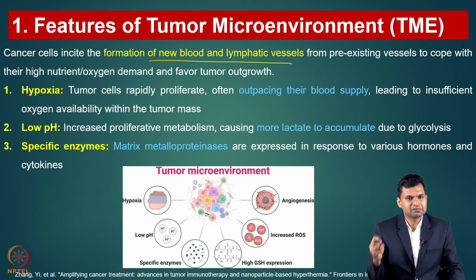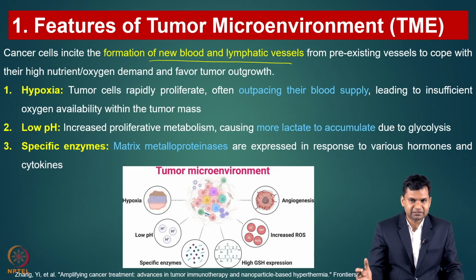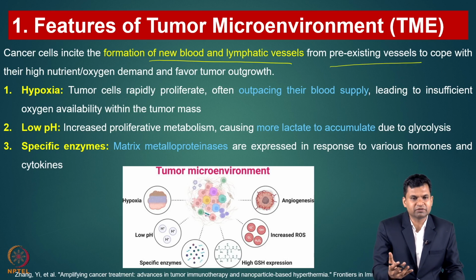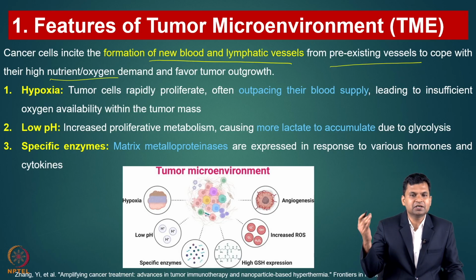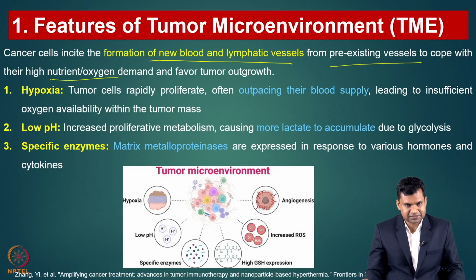So the cancer cell forms new blood vessels and lymphatic vessels from the pre-existing vessels to get more nutrients and oxygen for survival, for invasion and for further growth of the cancer cells.